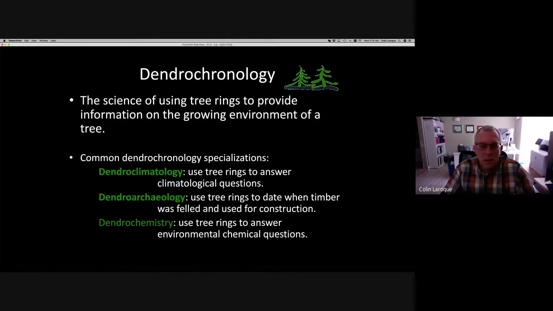Or dendroarchaeology is an example where, even though there's some archaeological structure, we can go in and say, well, when were those timbers cut down? And when were they used for construction? Just giving some information will help people who are investigating something understand that. A good example of this is that we work closely with a TV show, The Curse of Oak Island.